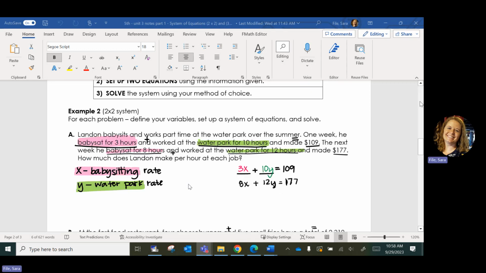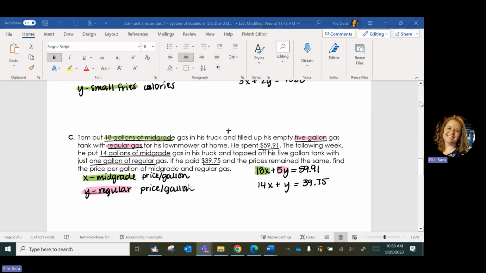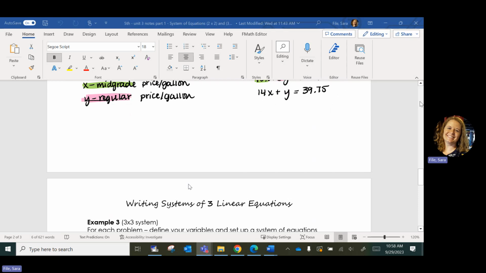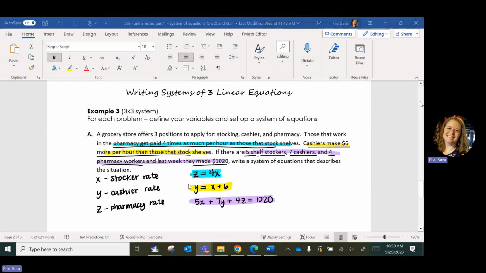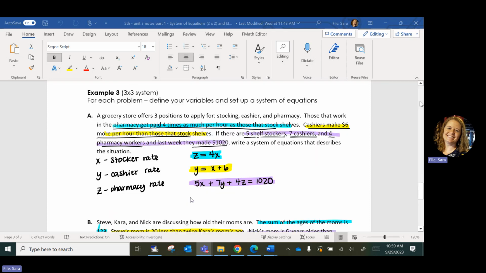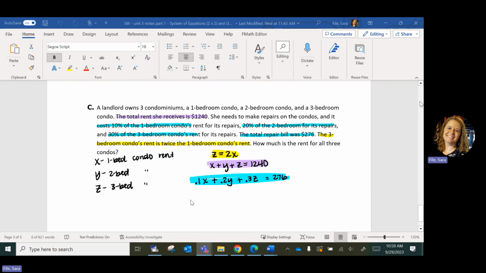We did 3 of those for the 2x2s. Then we flipped over to the next page and said, what if you have a 3x3, meaning there's 3 variables and 3 equations? Again, we're just practicing setting up the equations. We went through and identified our 3 variables and wrote our 3 equations for these 3 problems.